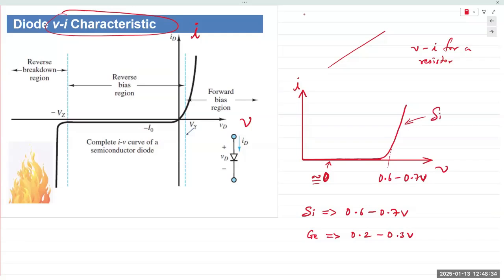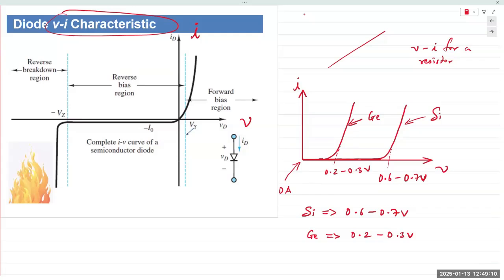So this is for silicon. Germanium is somewhere here, 0.3 volts. And this is germanium. This is 0 amps. Okay, this is the material property. It doesn't matter how big or small the diode is; the physical dimensions do not matter.